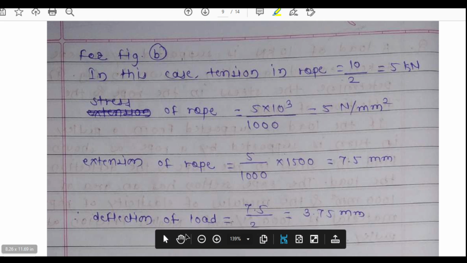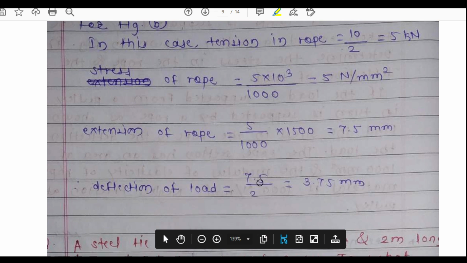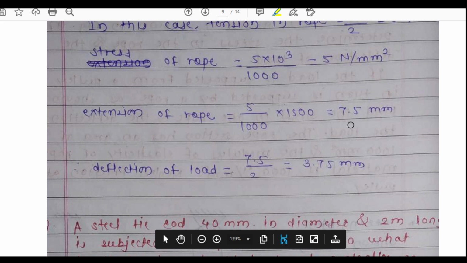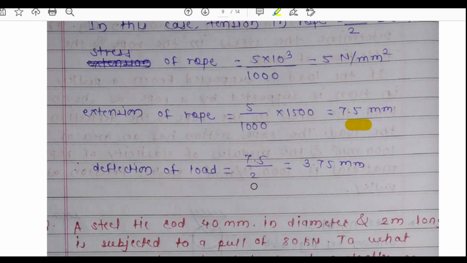Now the deflection of load will be 7.5 divided by 2, that means 3.75.